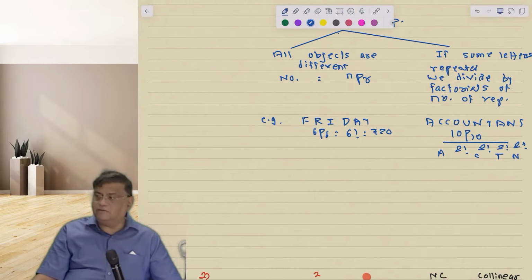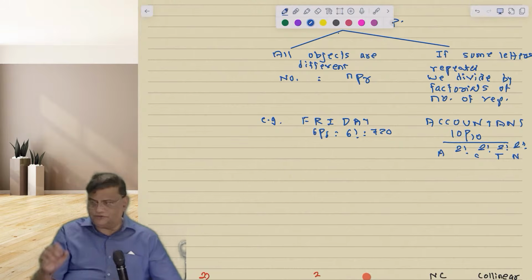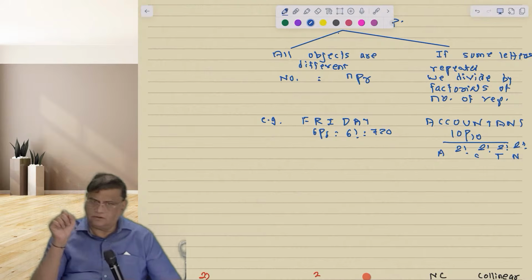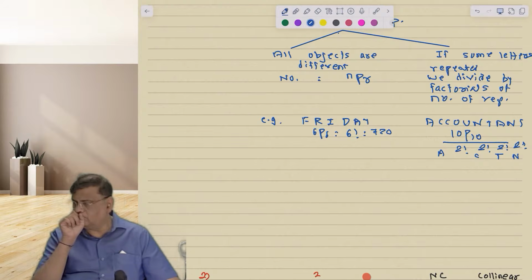So we divide by the factorials of the number of repetitions. Clear?